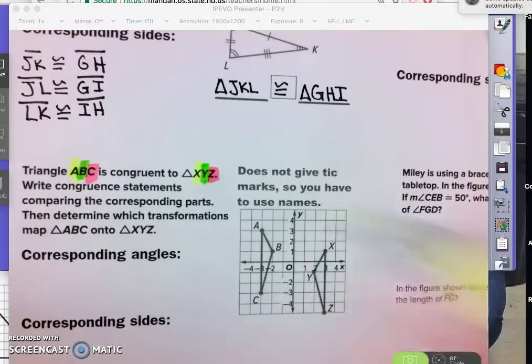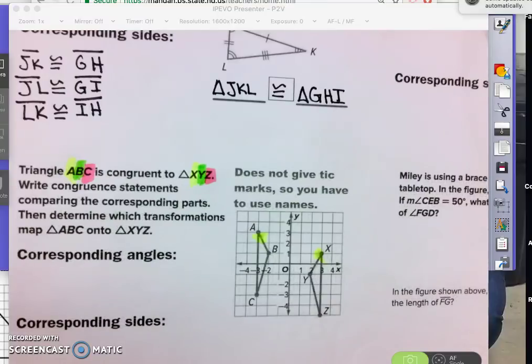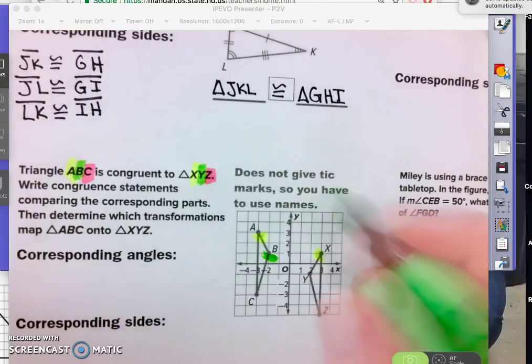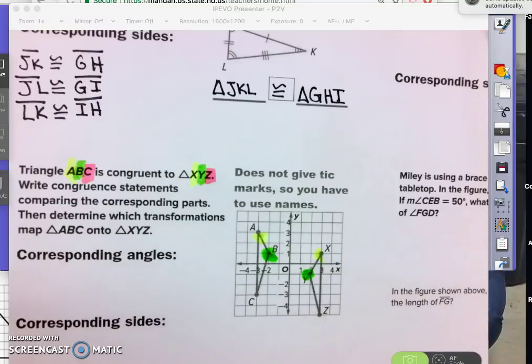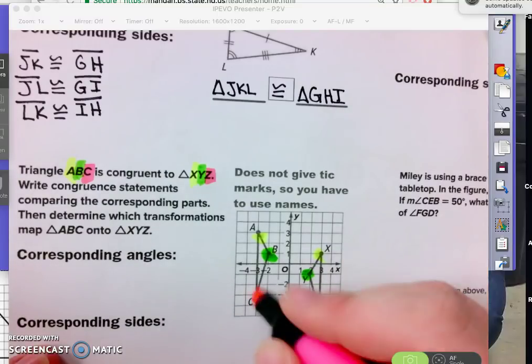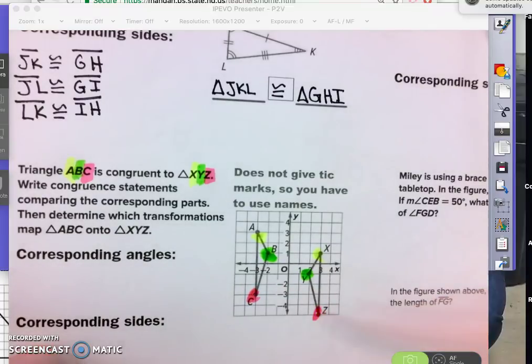So here, A and X are the same. B and Y are the same. And C and Z are the same.